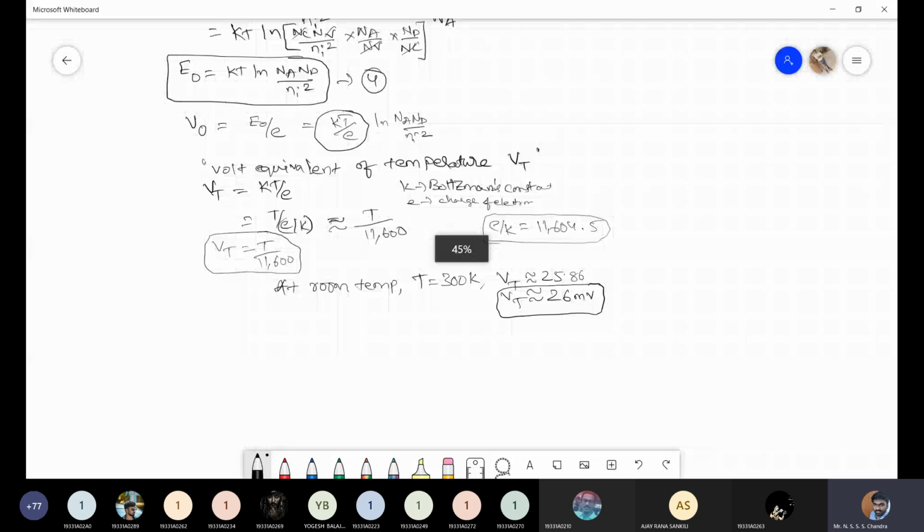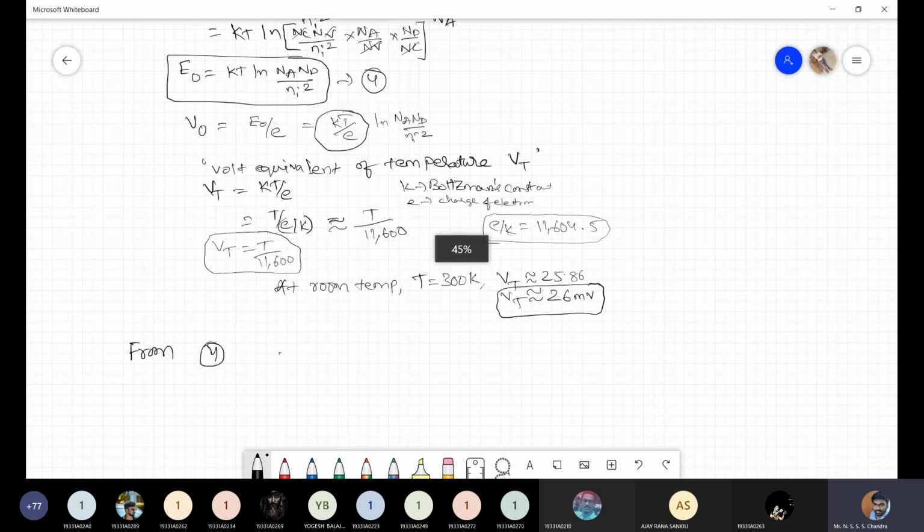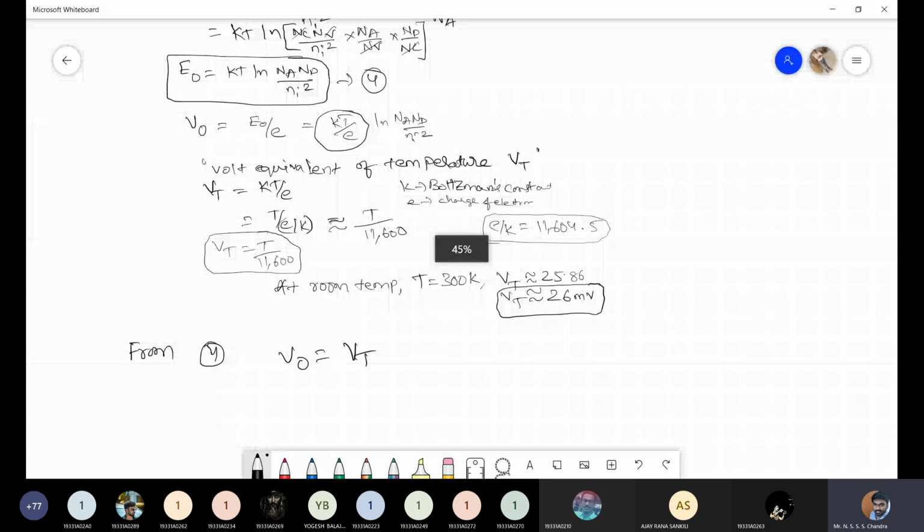In most of the objective questions you may have to remember these things instead of using your calculator again and again. So the next thing is from equation 4 we will rewrite the expression. From 4 I will be writing V naught is equal to Vt log (Na Nd by Ni square).